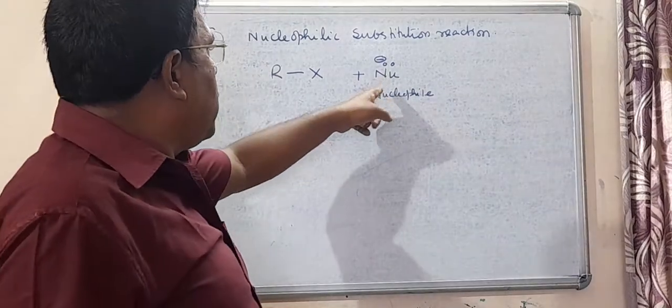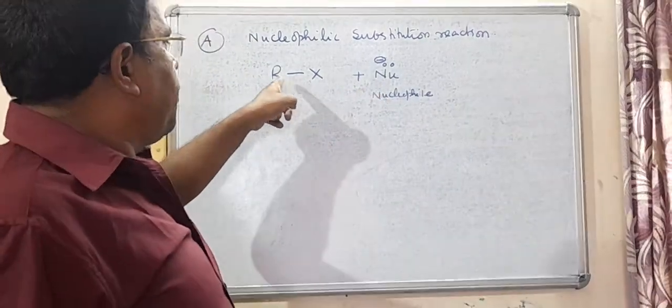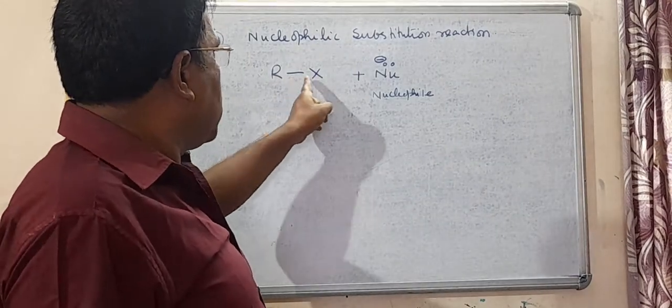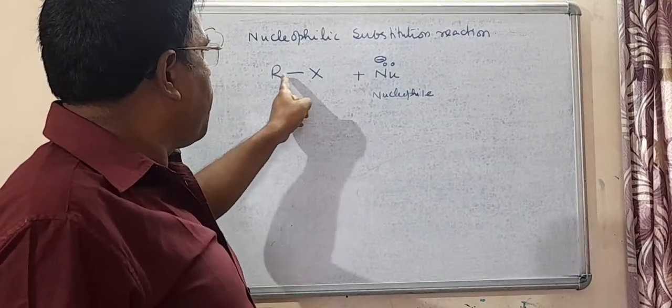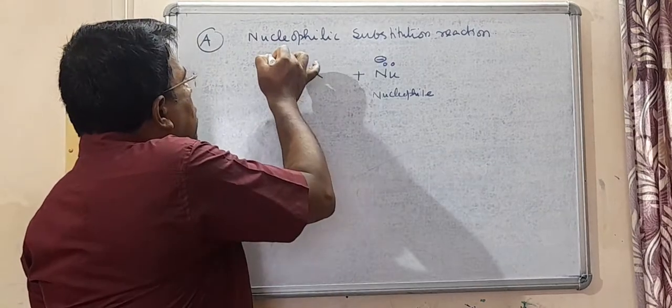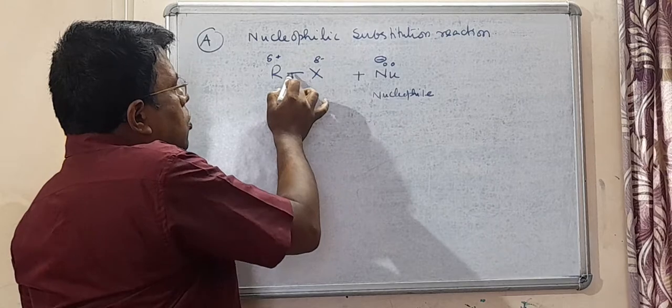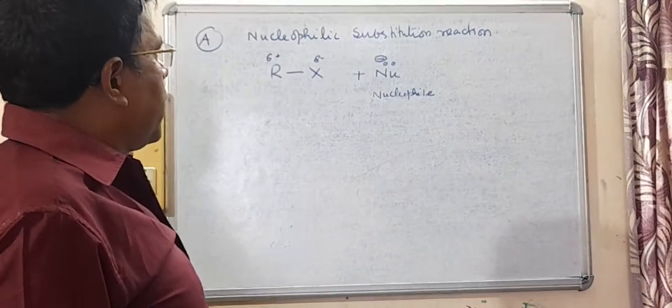So this is a nucleophile, this is a halo compound. Now you know that in a halo compound this bond is a polar covalent bond because here carbon is delta plus and here halogen is delta minus. So it's a polar covalent bond.